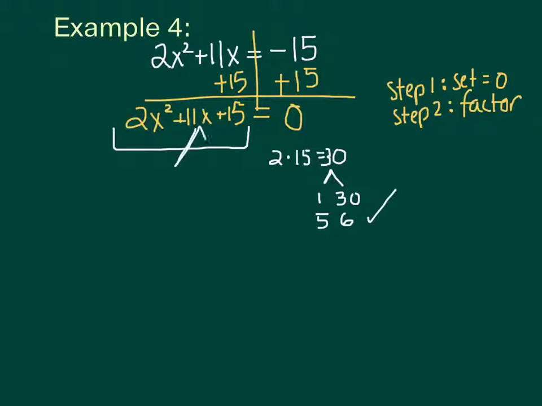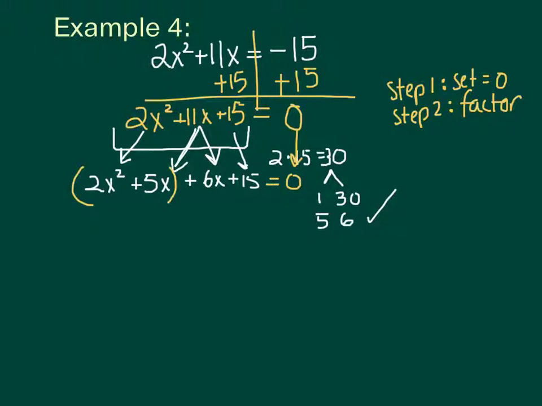So now I go back and I split my b term. So I'm left with 2x squared, because that one stays the same, plus 5x plus 6x plus 15. And remember, keep in mind this whole thing still equals 0. That 0 didn't go away. All right, now I place my parentheses around the first two and then the last two, and I go and factor out the GCF.